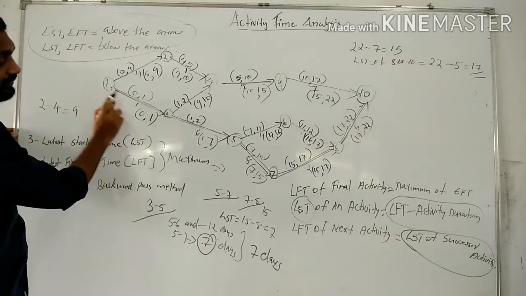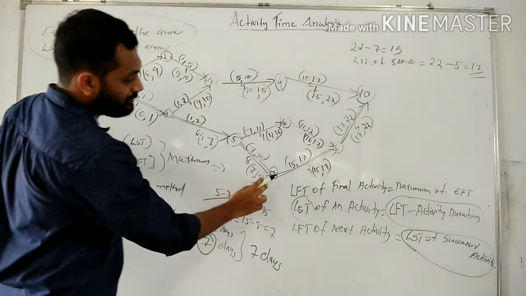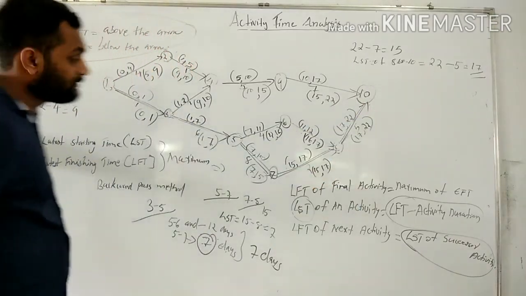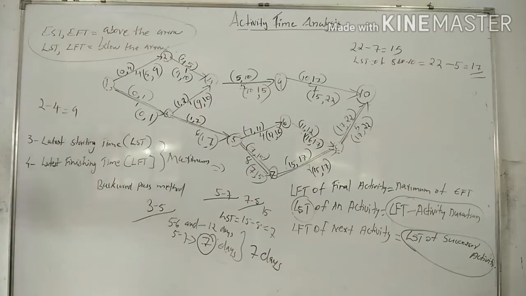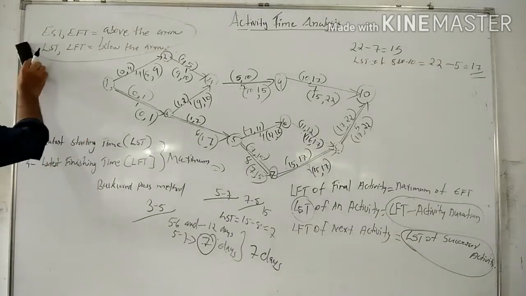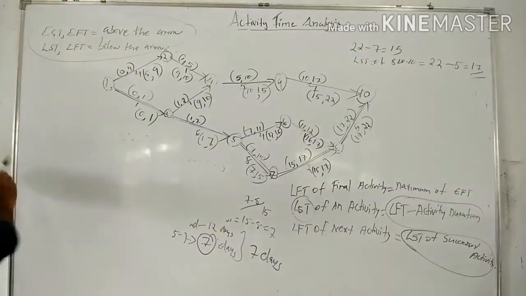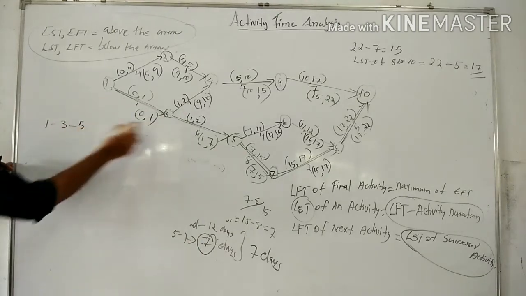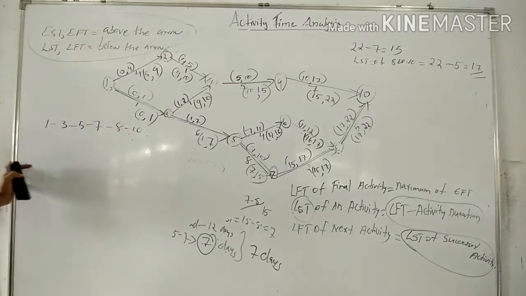We know the critical path is 1 to 3, 3 to 5, 5 to 7, 7 to 8, and 8 to 10.